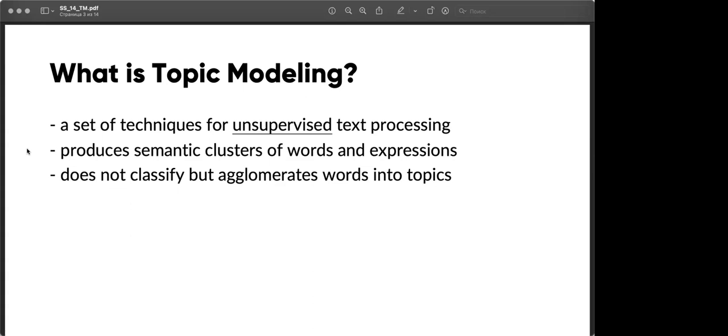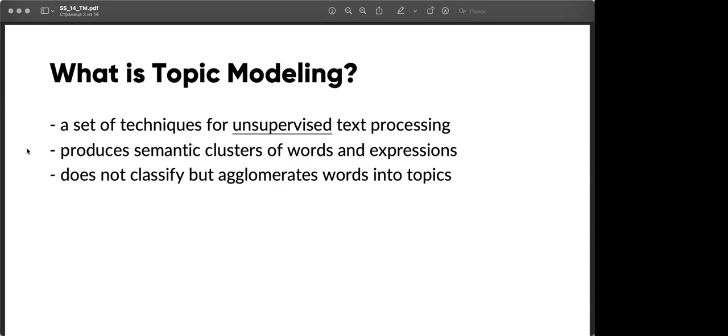On the one hand, when we are working, for example, with something like regression, we have the correct answer, and we are trying to optimize the parameters for our model to suit that, whilst with unsupervised processing and modeling, we do not have that.